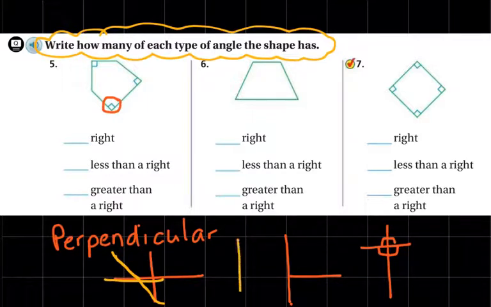But if you had roads that perfectly crisscross, those are perpendicular, and perpendicular lines have right angles. I just want to throw that out there in case I use the word perpendicular, so you'll have some idea of what I'm talking about.